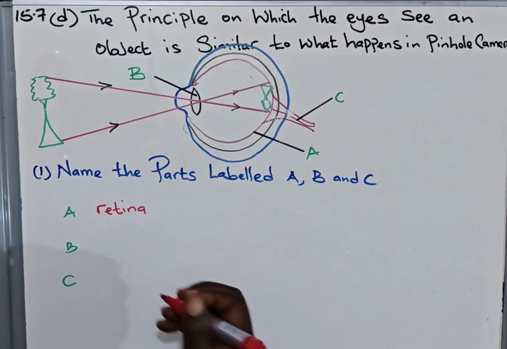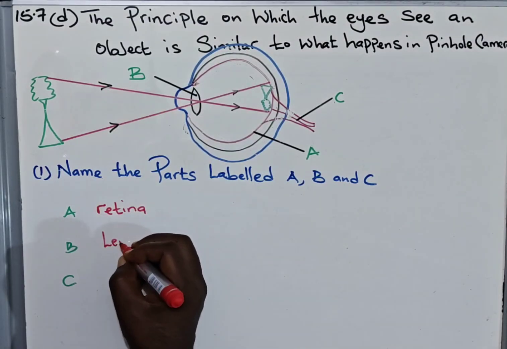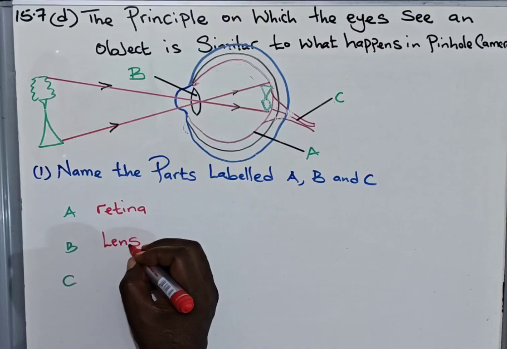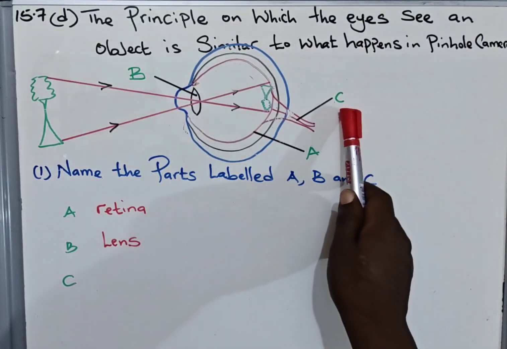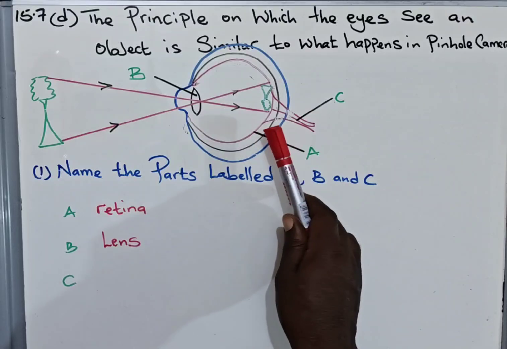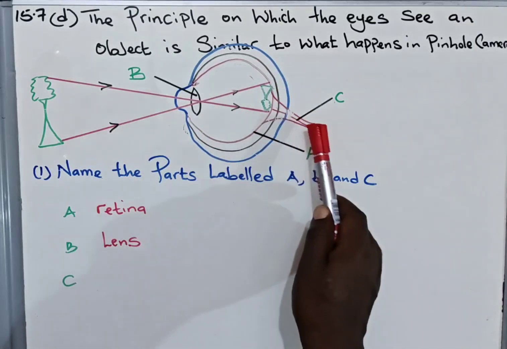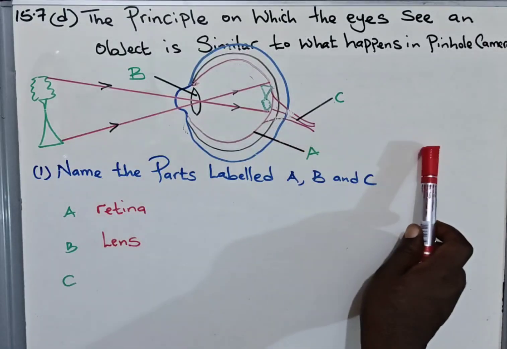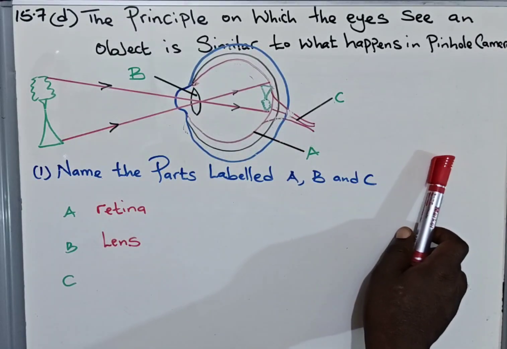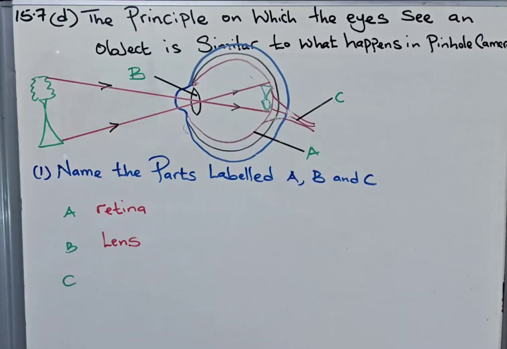We call it lens. Then we have this part C. It branches off from the retina and it proceeds to the brain. So what do we call that part C? We call it optic nerves or optic nerve fiber.